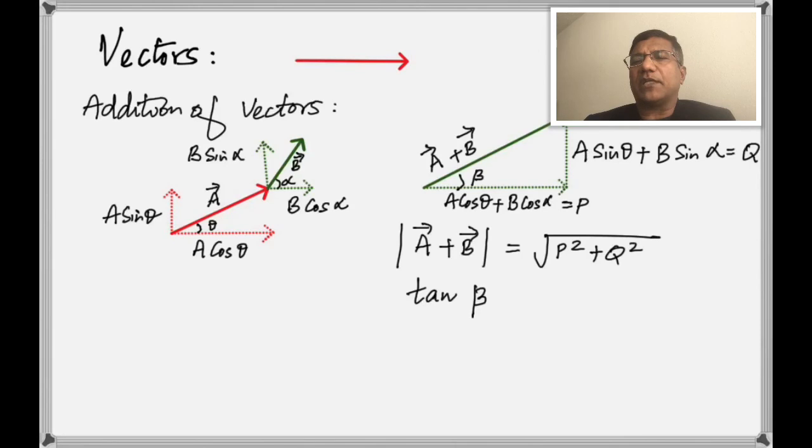And so tan beta is going to be the opposite side by the adjacent side, which is q by p. So this is how you add vectors. And to subtract vectors, just take the opposite of the vector that you're going to subtract and add it to the first one, because a minus b is nothing but a plus the negative of b.